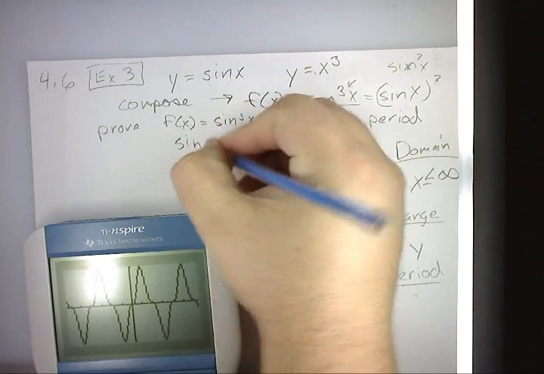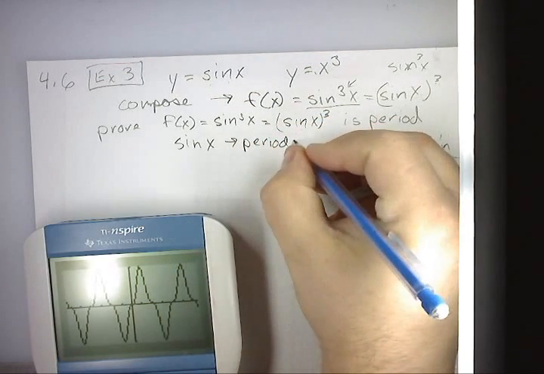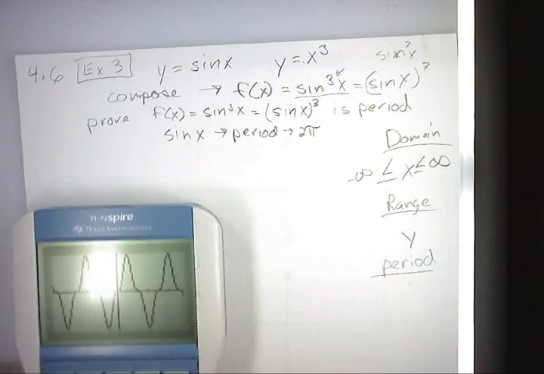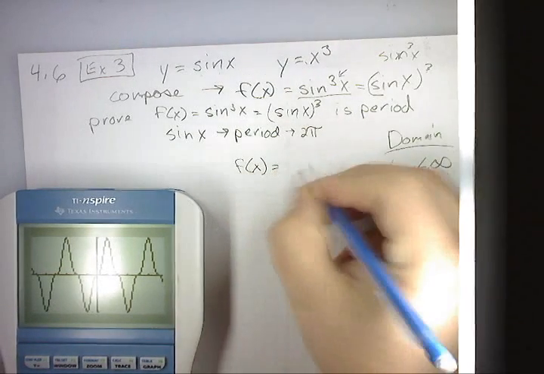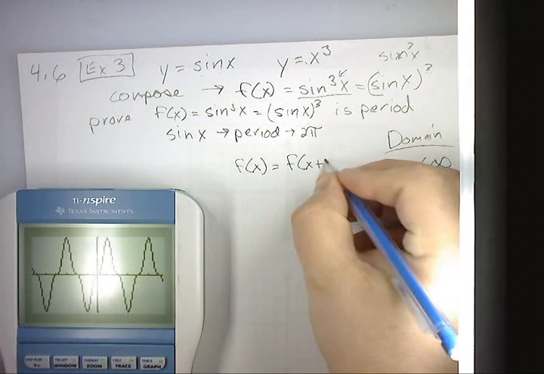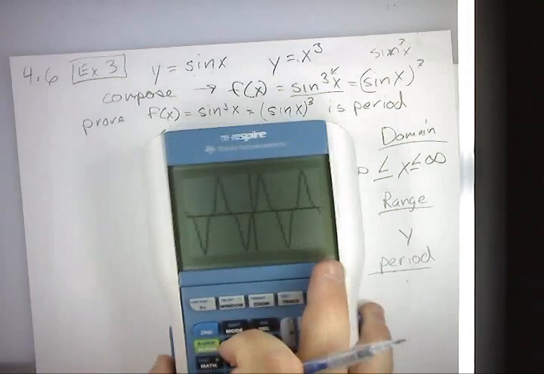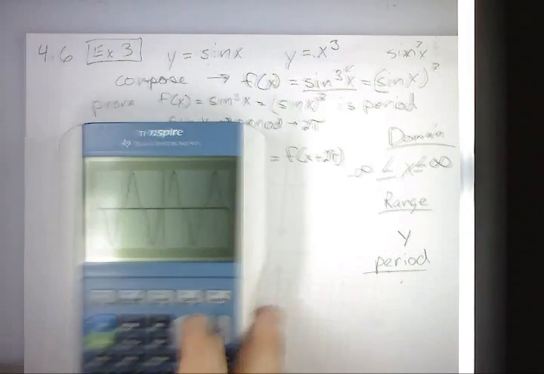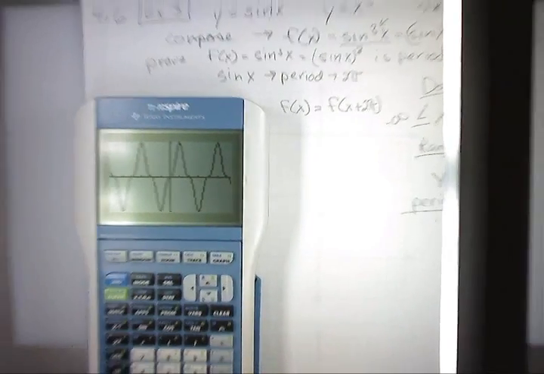To figure out what the period is, I remember that sine of x has a period of 2 pi. So if this is periodic, then my function f of x should yield the same value at x plus 2 pi, because that's what periodic functions do. I'm going to arbitrarily pick any number for x, find my corresponding y value, and then evaluate my function again at that same value of x plus 2 pi.